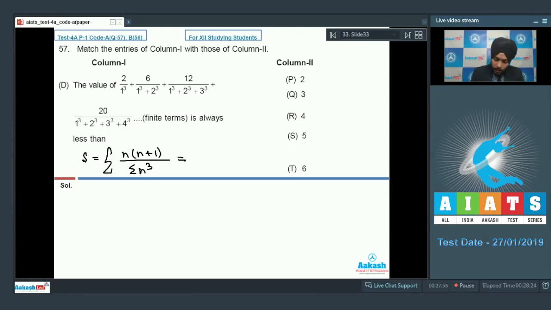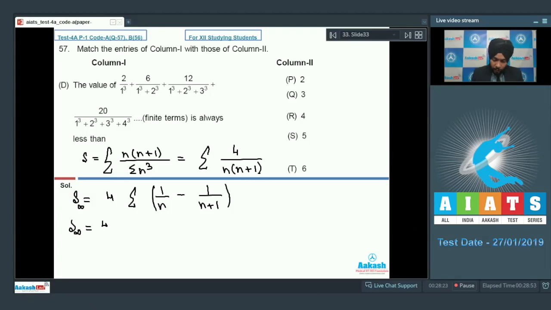So that will be equal to 4 upon n into n plus 1. So S will be equal to 4 times sigma (n plus 1 minus n) upon n into n plus 1, so 1 by n minus 1 by n plus 1. For S infinity, I will have the answer equal to 4 because this term is equal to 1 minus half plus 1 by 2 minus 1 by 3 and so on till infinity.